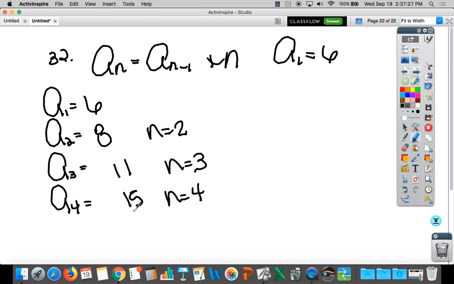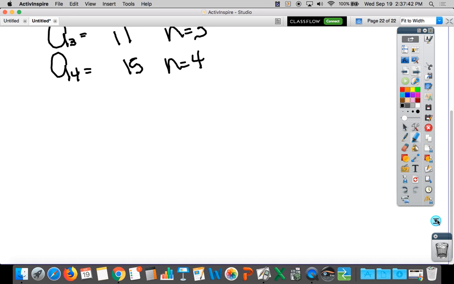Now, where are your questions with 32? That's starting to make a little bit more sense. You really like these because you're able to see the pattern a little bit easier, but the way the formula is written is always a little challenging to understand at first.